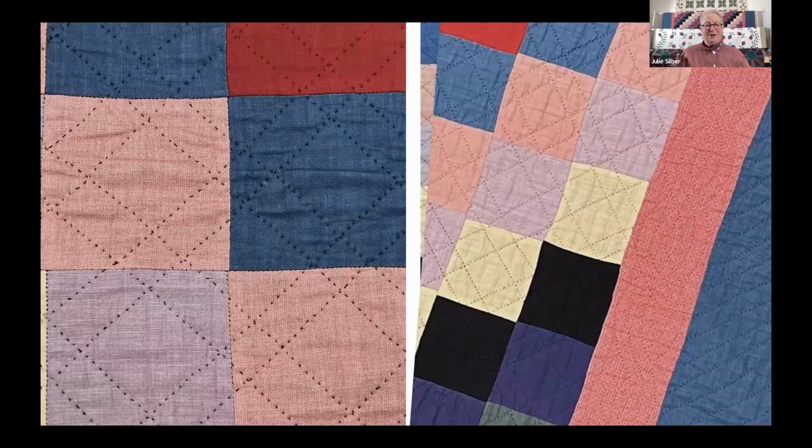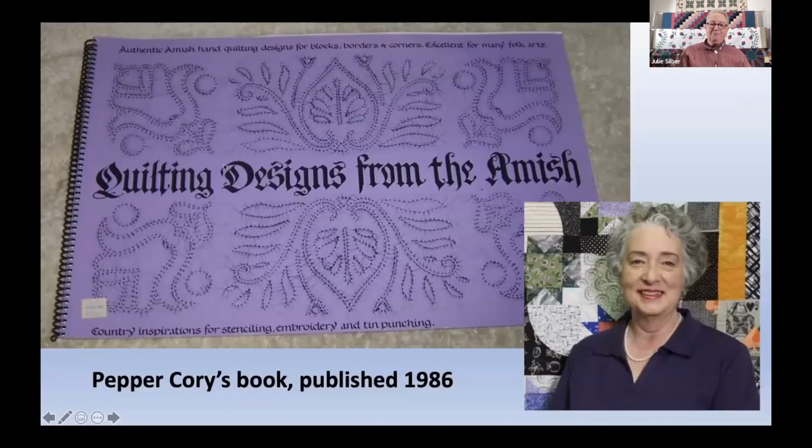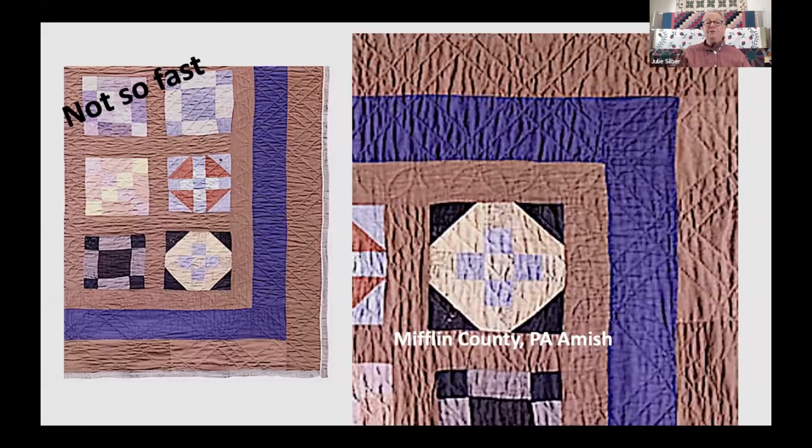And then as I went further and started looking at more and more photographs, what did I find? Yep. I found a Mifflin County, Pennsylvania quilt that has not only a double crosshatch, but a triple crosshatch.